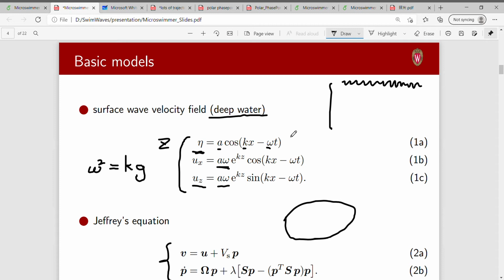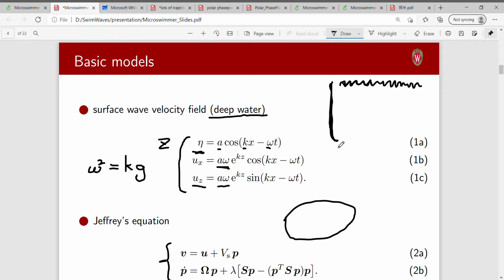The original equation has some cosh and sinh in the expression, and we can simplify those a lot using this deep water approximation, because if you imagine an ocean like this, the wave oscillation at the top is relatively small compared to the depth of the water tank, river bed, or ocean.